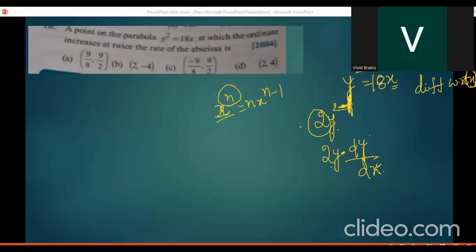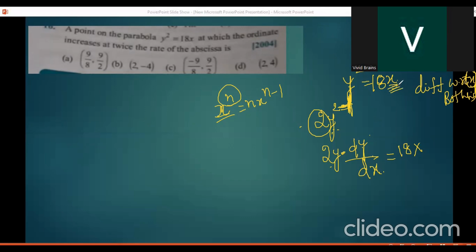2y into dy by dx, because I am differentiating with respect to x, both sides. If I differentiate both sides, what do I get? Whenever you have a constant, you keep the constant as it is, and whatever variables you have, you go with those variables.